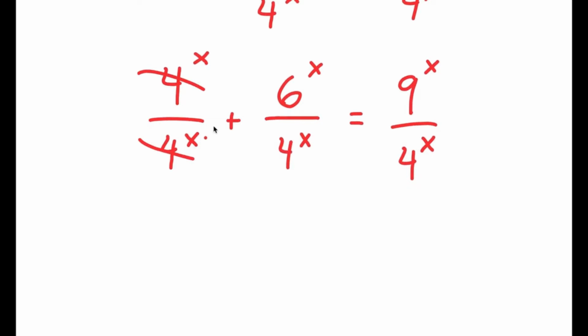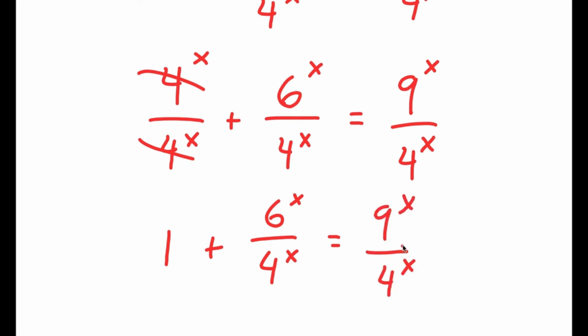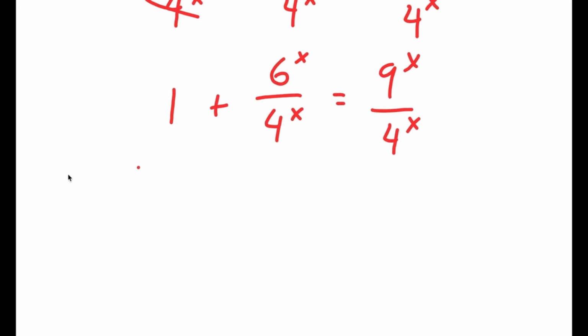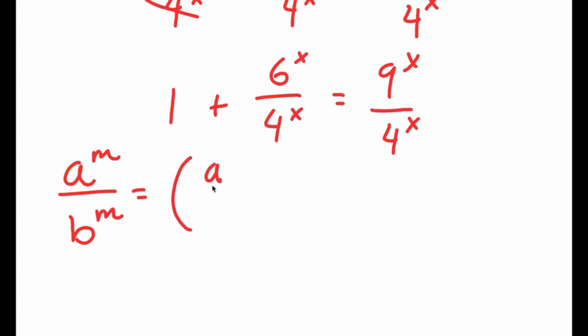Now, 4 to the power of x and 4 to the power of x cancel out, so I get 1 plus 6 to the power of x over 4 to the power of x is equal to 9 to the power of x over 4 to the power of x. And if I have something in the form a to the power of m over b to the power of m, this is equal to a over b to the power of m.